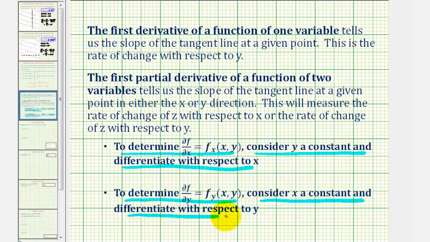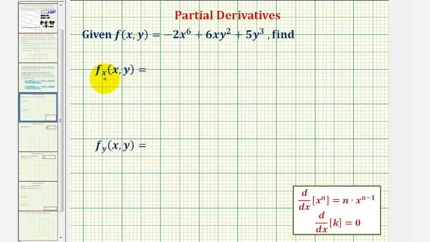And then to determine the partial derivative of f with respect to y, we'll consider x a constant and differentiate with respect to y. So for this first partial with respect to x, we're treating y as a constant and differentiating with respect to x. So the derivative of negative 2x to the sixth with respect to x would be negative 12x to the fifth, plus for the derivative of 6xy squared, we're treating y squared as a constant and differentiating with respect to x.